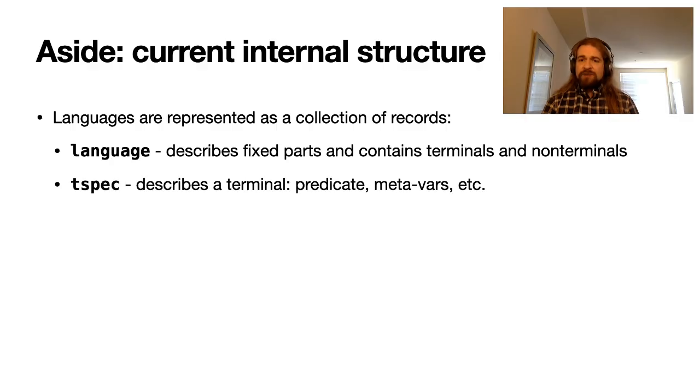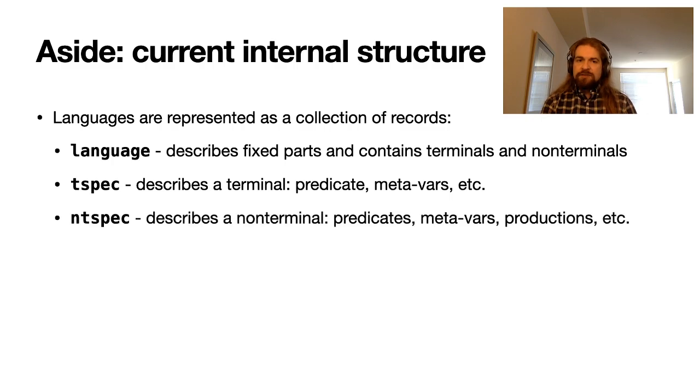We have a T-spec record, which is used for describing terminals. It's the terminal specification. It has the initial name, the predicate, the meta variables, all of those are described in there. And we have a non-terminal spec. The non-terminal spec has the predicates that are used for figuring out whether something is one of those non-terminals.